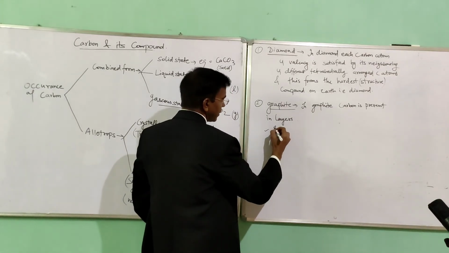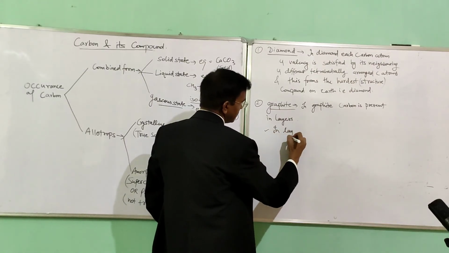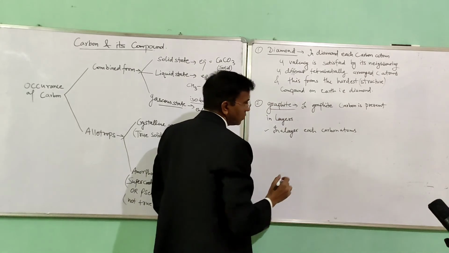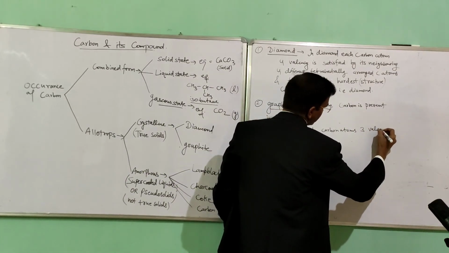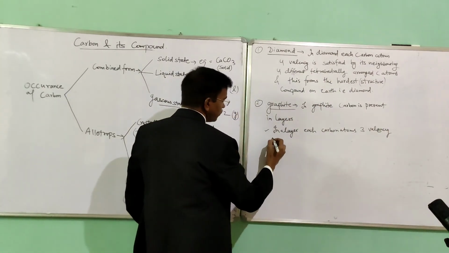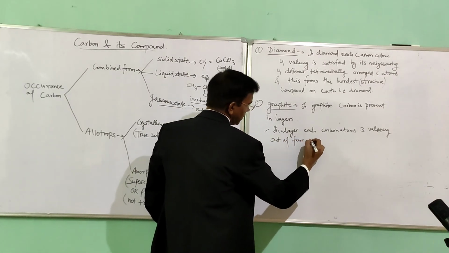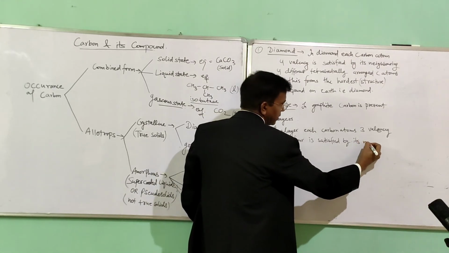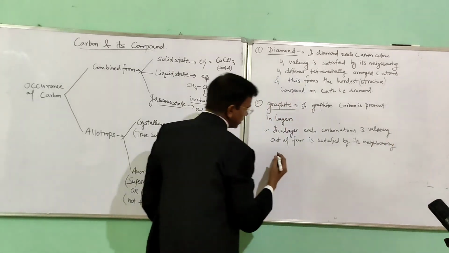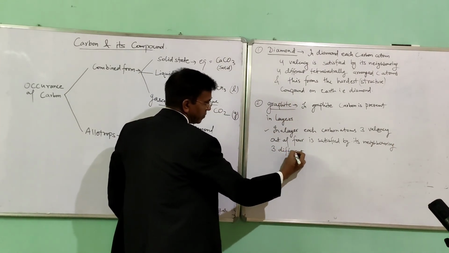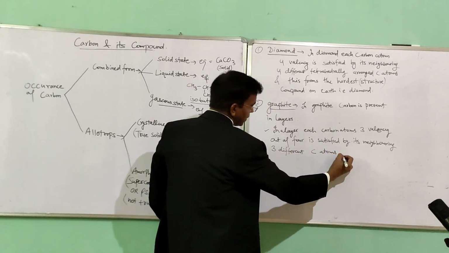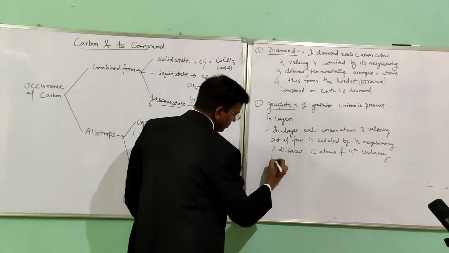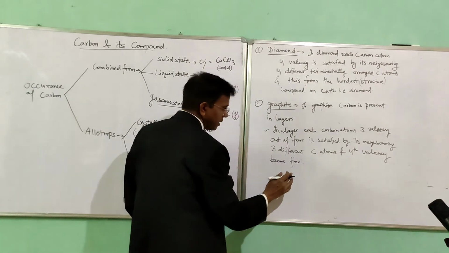And in a layer, each carbon atom's 3 valencies out of 4 are satisfied by its neighboring 3 different carbon atoms, and the fourth valency becomes free between the two layers.